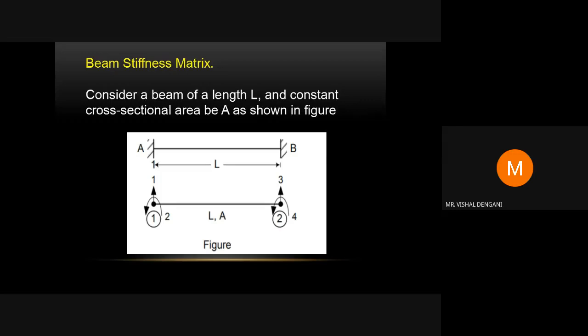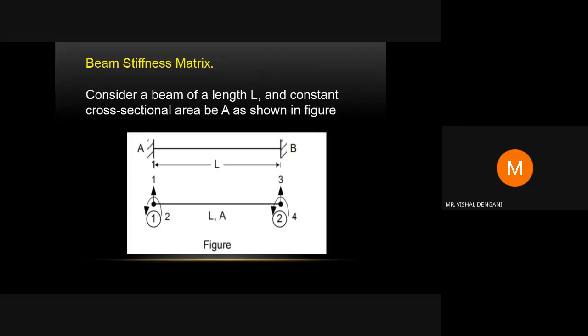So K is your stiffness value. If you know the value of stiffness and if you know the value of force, then you can find out the value of displacement.